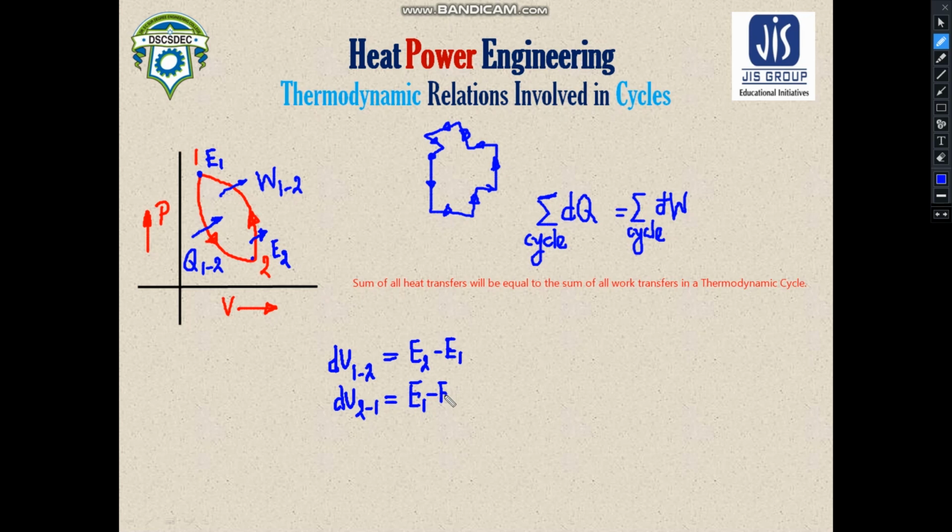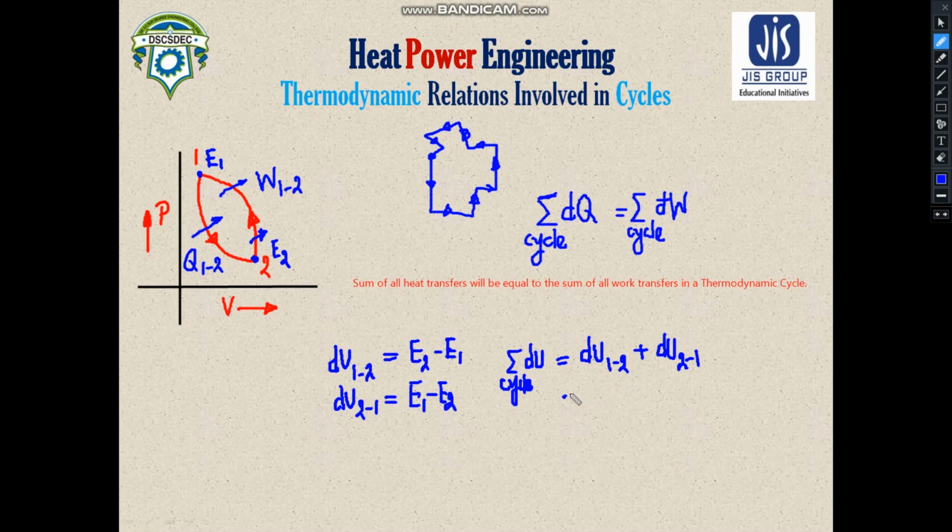E2 was the initial, and then it changed into E1, because of the compression. Now if you try to find out the total change of internal energy for this thermodynamic cycle, you can simply write du 1 to 2 plus du 2 to 1.